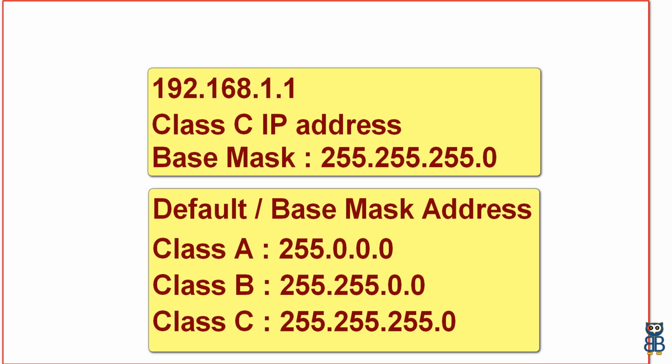In our case, the base network mask is 255.255.255.0 because this IP address belongs to the Class C. If the IP address belongs to the Class A, the base network mask will be 255.0.0.0, and if the IP address belongs to the Class B, the base network mask will be 255.255.0.0.